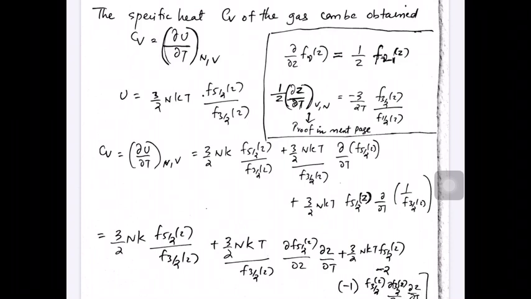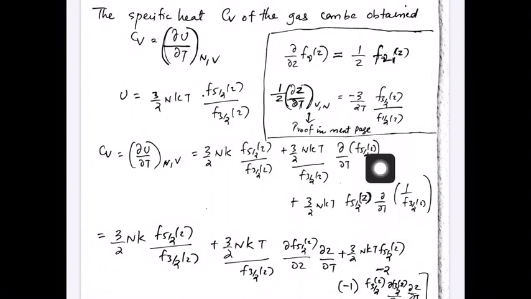CV is ∂U/∂T for number of particles and volume fixed, and it is obtained by this expression. So here we have to take ∂/∂T of F5/2(z), and here ∂/∂T of 1 by F3/2(z).